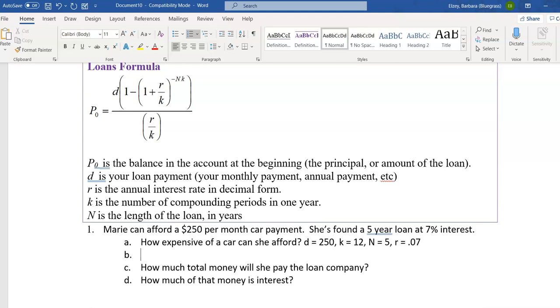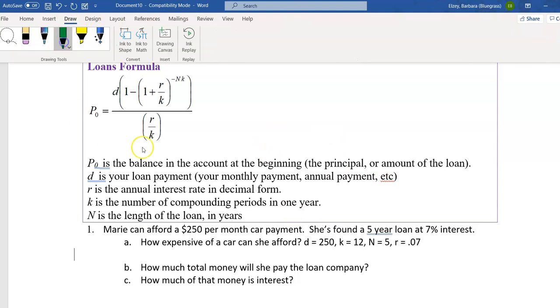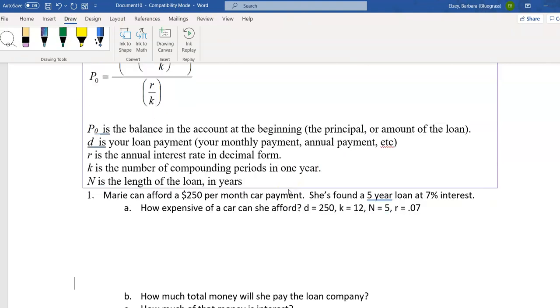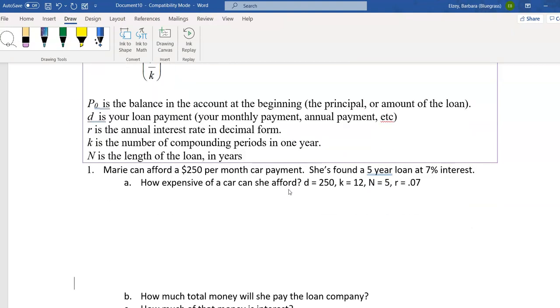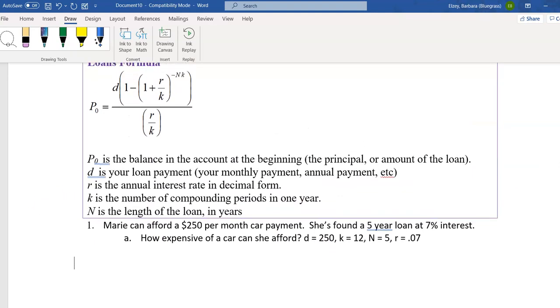Now let's plug in. Alright, so again, I'm going to use my draw feature just so I don't have to go to the equation editor on this one. And I'll put some extra space in here. Alright, let's go back up to the top though so we can see our formula as we put it in. We don't know P sub 0. We don't know the amount of the loan itself. So that's our unknown here, P0.